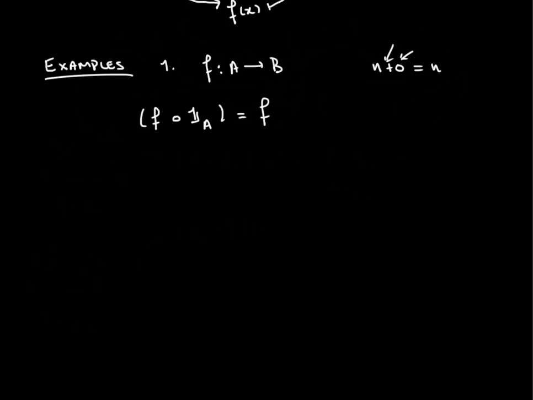Now, the reason that this is the case is that if we take an arbitrary element x that is in A, then we have f circle the identity of x. Now, what is this equal to?